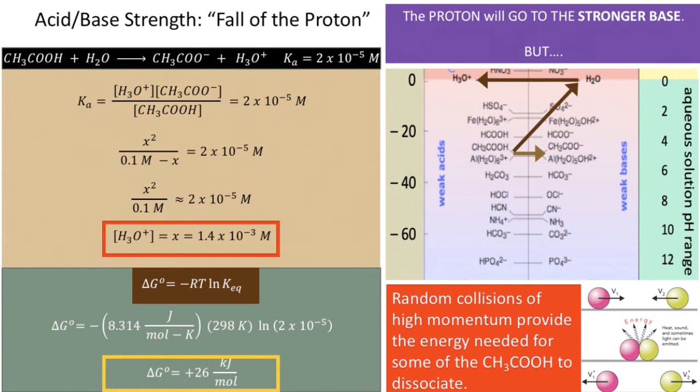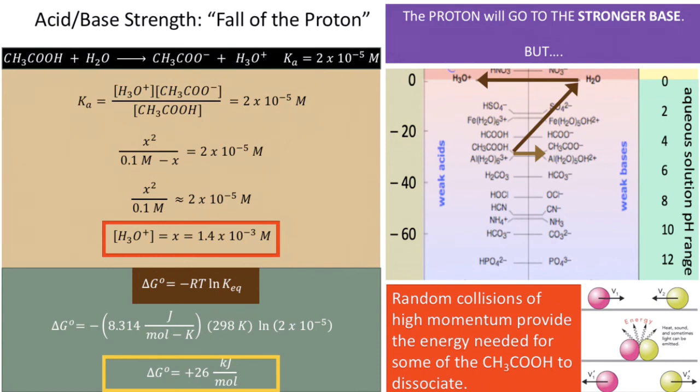So let's calculate the concentration of the hydrogen ion, or the H3O+. We'll use our Ka formula, which is our Keq formula, and if you plug everything in, you get that the concentration of H3O+ is 1.4 times 10 to the negative third molar, or 1.4 millimolar. So there is definitely some dissociation.